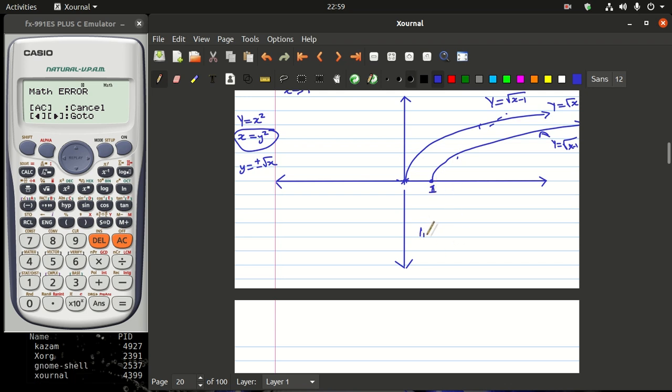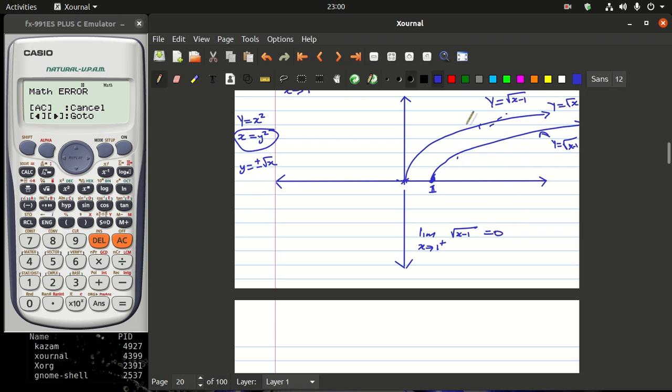Now looking at the limit as x approaches 1 on the right, I pick a point just on the right of 1. So you can see that the point is going to hit the function very close to 0. So that is why x minus 1 is going to be 0.